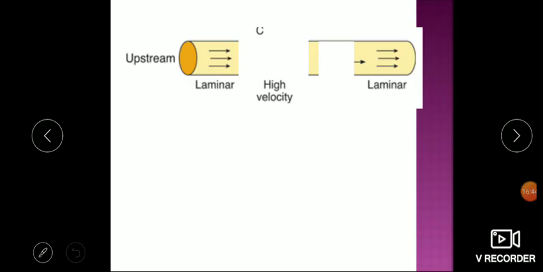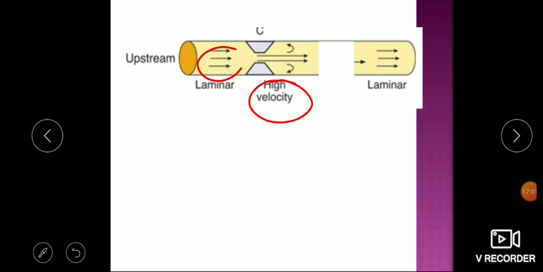See, this is the blood vessel. If you get some blockage here, for whatever reason, maybe a local constriction, or some plaque, atherosclerosis, or clot, what will happen? Velocity will rise. Here velocity was normal, but because of this narrowing, velocity rises. Because of this, laminar flow gets disturbed.